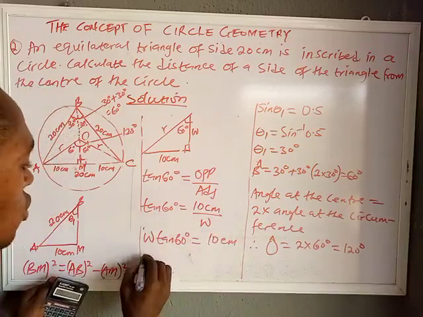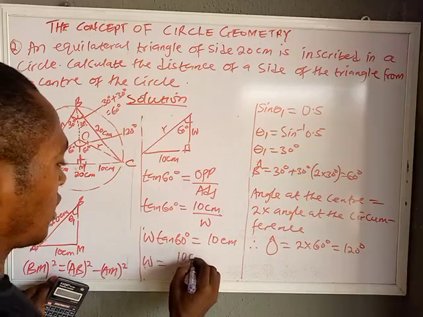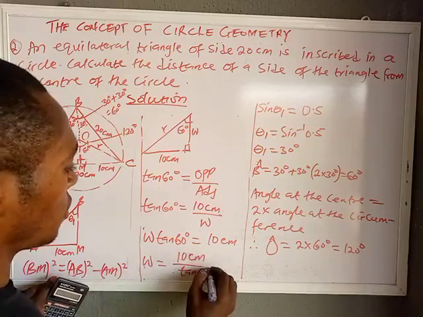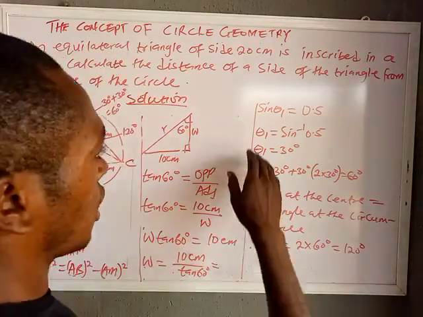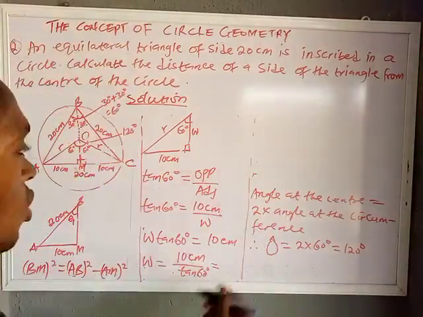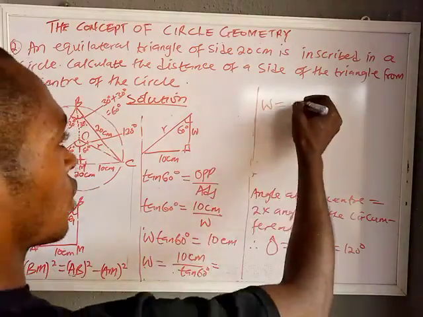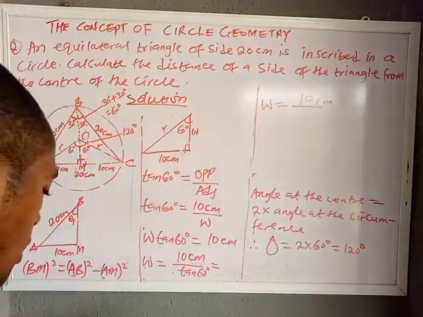Now since we're looking for this, we have W equals 10 centimeters divided by tan 60 degrees, which is equal to, let me erase this, W equals 10 centimeters over tan 60 degrees.